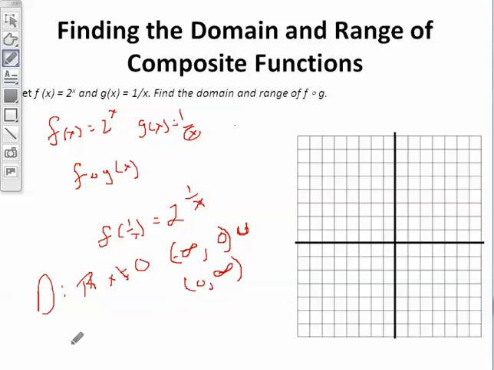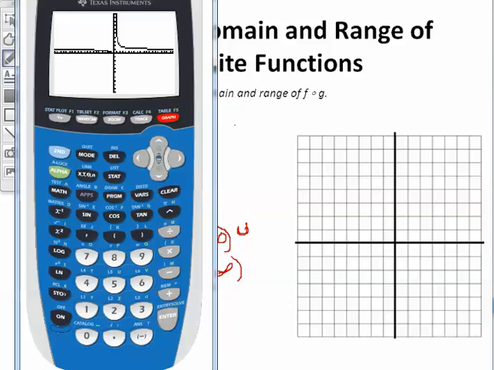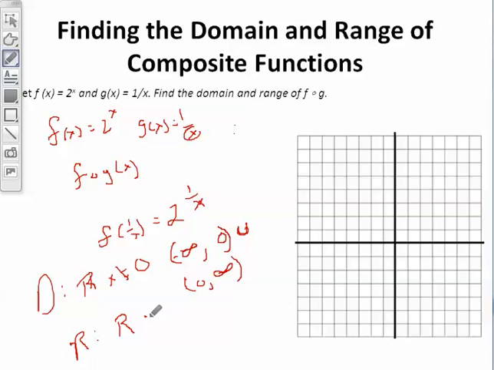Now, what about the range? Well, did it look like it was all real numbers? Let's go back and look at that graph again. Doesn't look like it ever goes down here into the negative side, does it? So I'm going to say all real numbers greater than 0. It's not actually ever equal to 0.